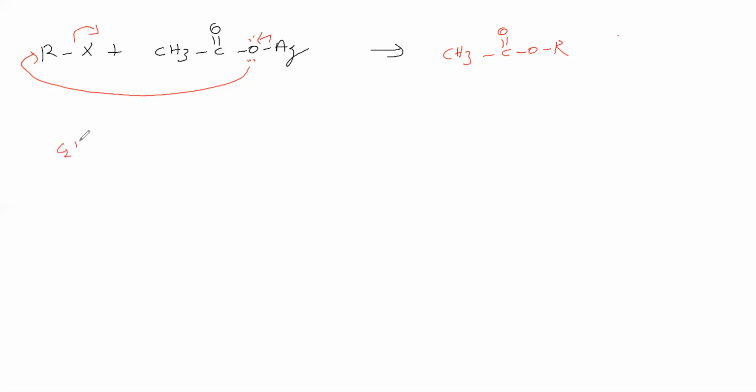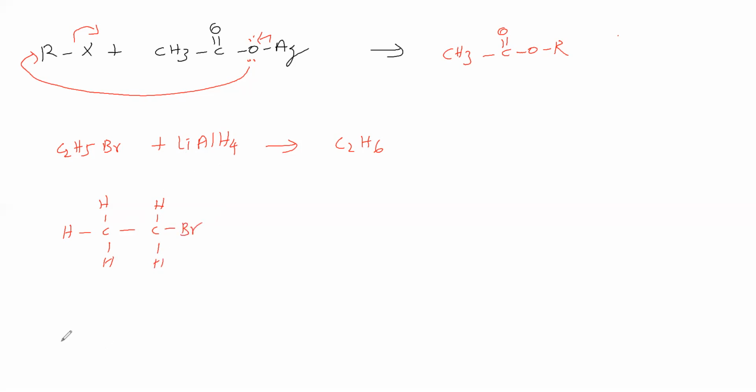Next, we will take alkyl halide, then a reducing agent, lithium aluminum hydride. So what is the product we are getting? Ethane is the product. How are we getting that? We will see. We are writing ethyl bromide.